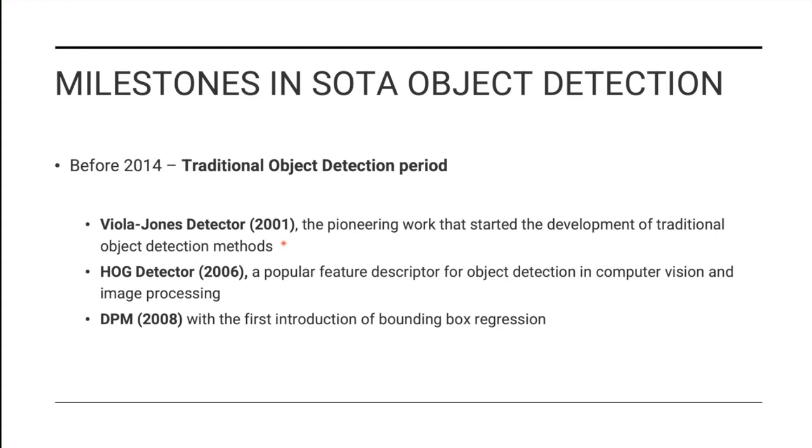The HOG detector, histogram of oriented gradients, was proposed in 2006 and is still used for simple objects.